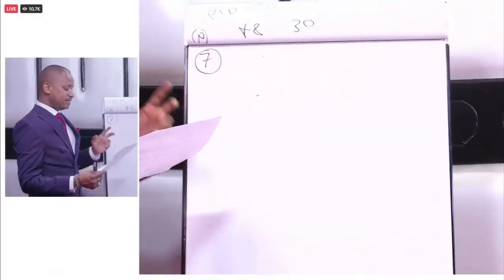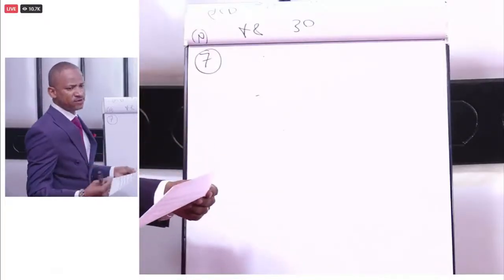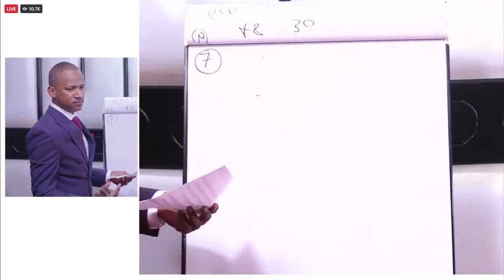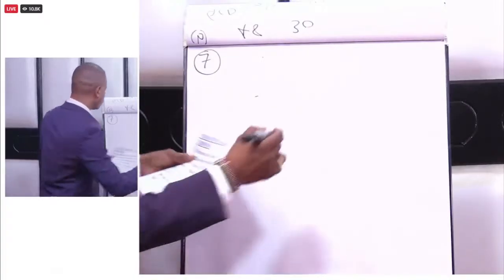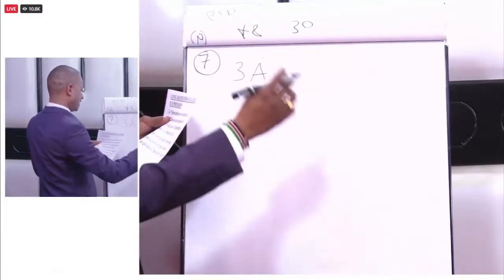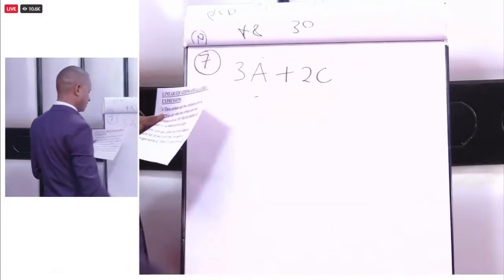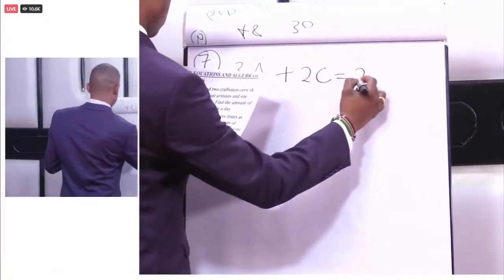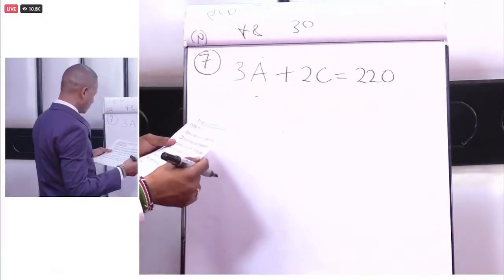Read the question again, and as you write, 3 artisans. This is an application for a simultaneous equation. So what they are testing here is a topic called simultaneous equation. So you write 3 artisans, 3A, plus 2 craftsmen, earns how much? 220 shillings in a day.